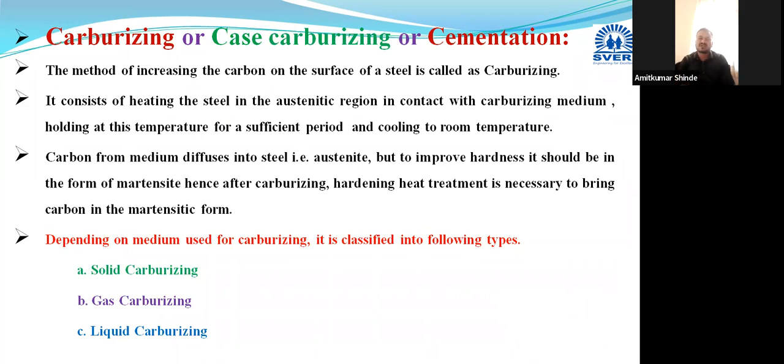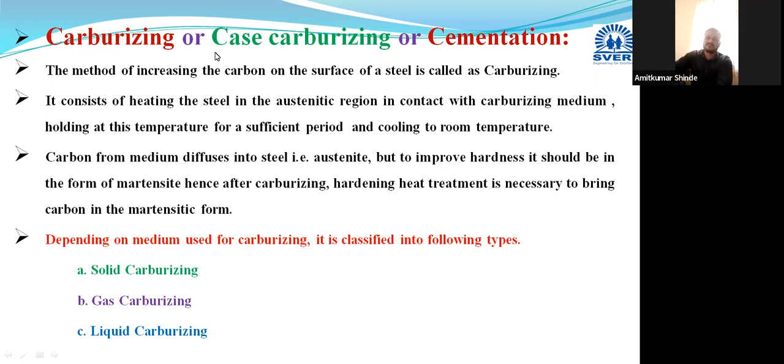What is the meaning of carburizing, how it is done, its classification, and after that we will discuss the applications for each method, where you have to mention the component names or the type of that particular steel. Now this carburizing is also termed case hardening, case carburizing or cementation method.